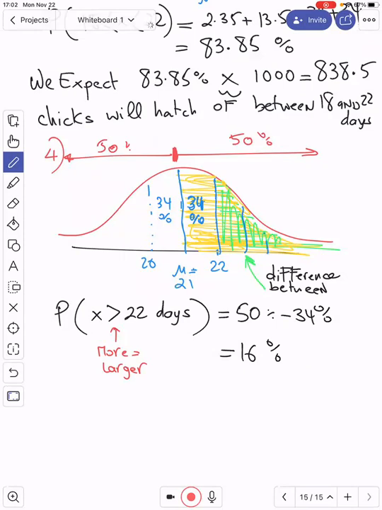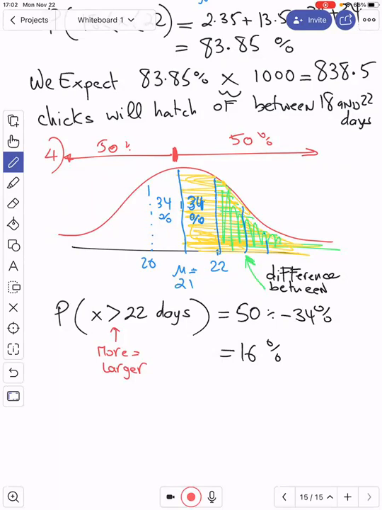After that, I didn't give you any other number, so it's unknown. But the area of the region on the right of the mean is 50%, so the green region will be just the difference between 50 and 34.